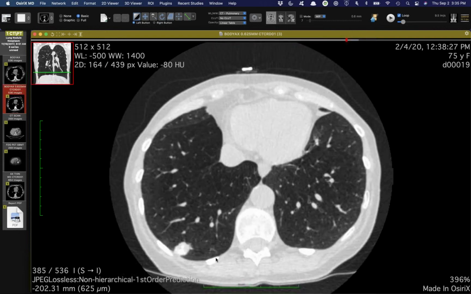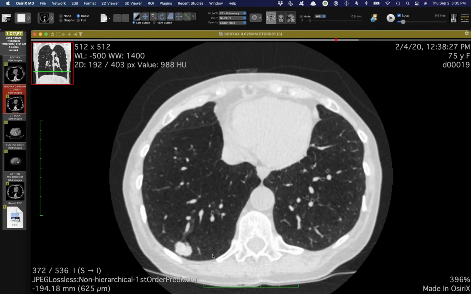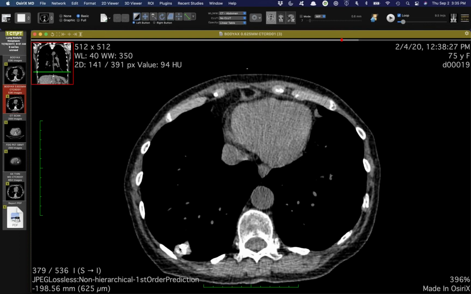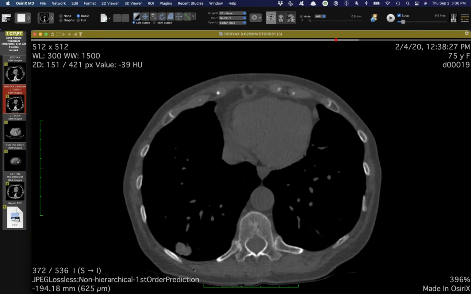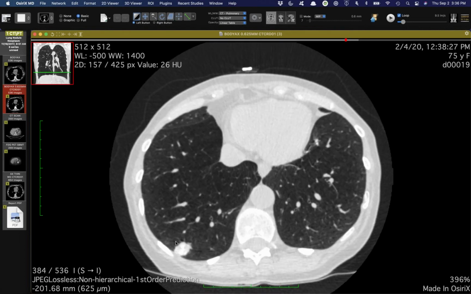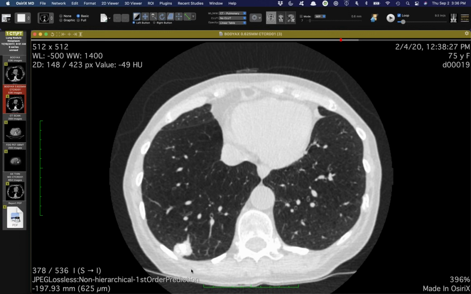Obviously, I've led in that this is a little bit scary, but you might be inclined to say this could be a hamartoma. It doesn't really look like a granuloma on first pass, but I don't know. What would you guys do in terms of follow-up of this if you just saw this right off the bat?